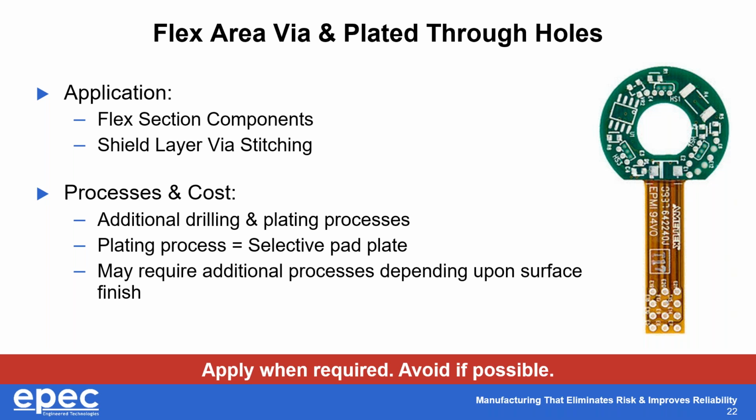The plating process is a little bit more involved than a traditional rigid board plating in that it's what's known in the industry as a selective pad plate process. The plating is constricted to the hole location only so that you don't end up with additional copper plated on the surface of the circuitry, which would then be detrimental to the flexibility of the design.